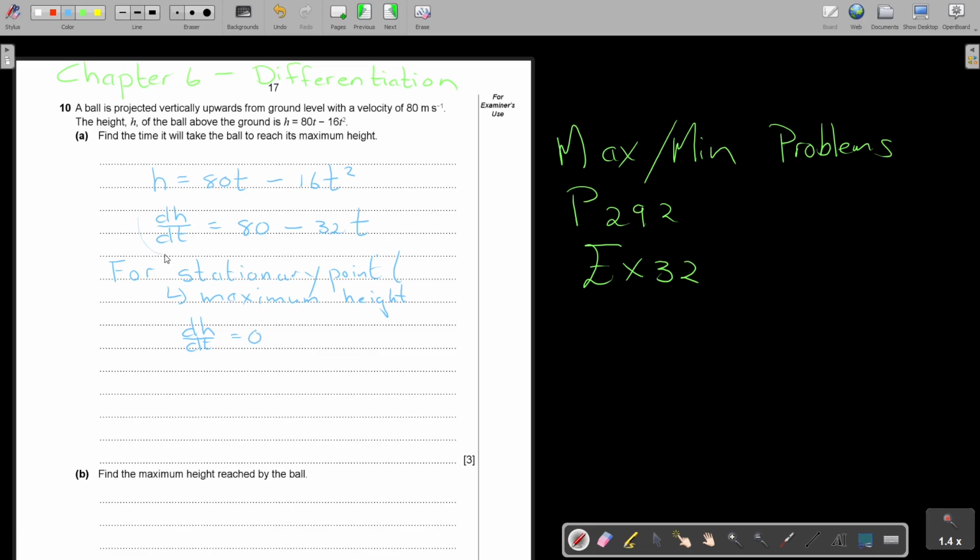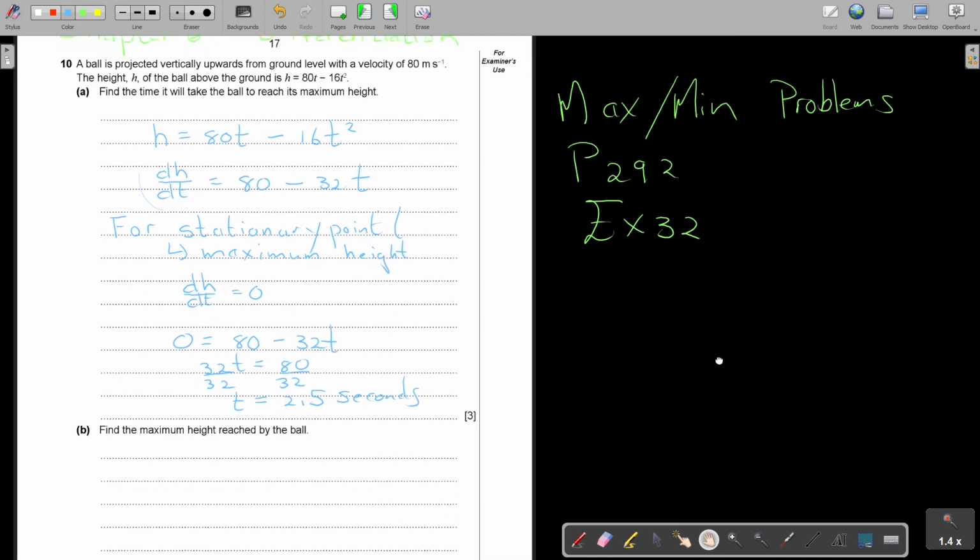So in the place of this, I can put 0 equals 80 minus 32t. Now I'm taking the 32t over, and that's equal to 80. I divide by 32 on both sides, and I get that the value of t is 2.5 seconds. So the time it will take to reach maximum height is 2.5 seconds.